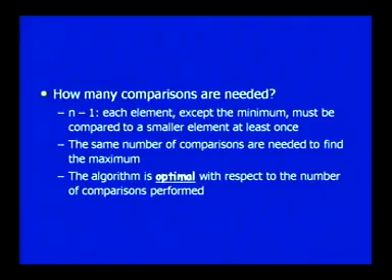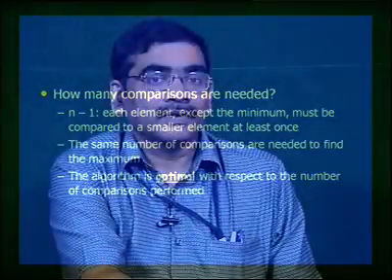How many comparisons are required for this? You can see very well n minus 1 comparisons are required, because your array is indexed from 0, so it is 0 to n minus 1. So, for finding minimum you require n minus 1 comparisons.